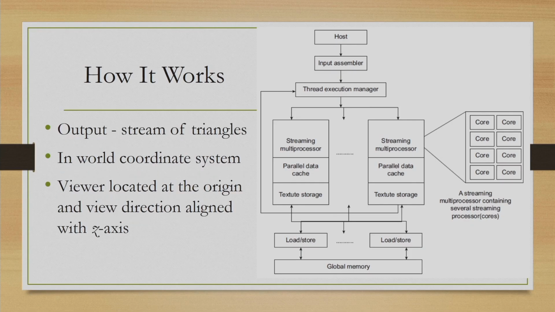So, what we get after multiplication is a stream of triangles, but this time they are defined in world coordinate system, which is the purpose of modeling transformation stage. It is also assumed that the viewer is located at the origin of the world coordinate system and view direction is aligned with the z axis. This is the assumption using which the hardware is designed.